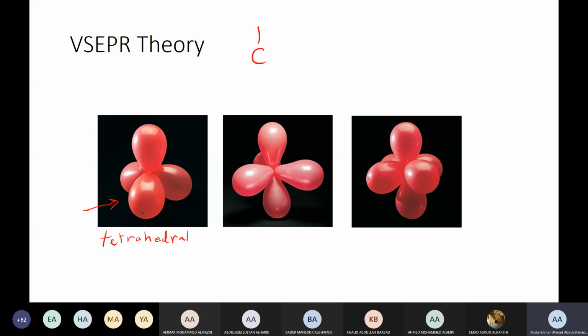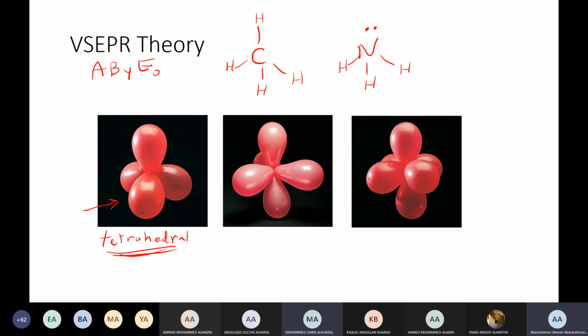For example, methane, which is AB4E0, is tetrahedral electron domain. How about NH3? Trigonal pyramid? No, that's what I'm saying. The electron domain shape is tetrahedral, but the molecular shape is different.